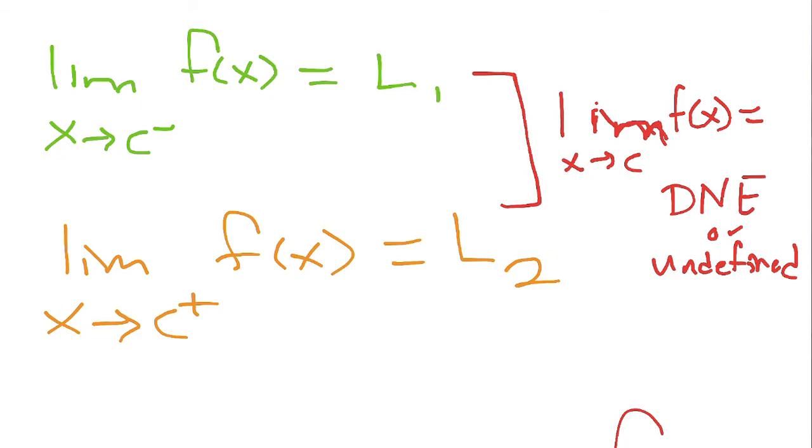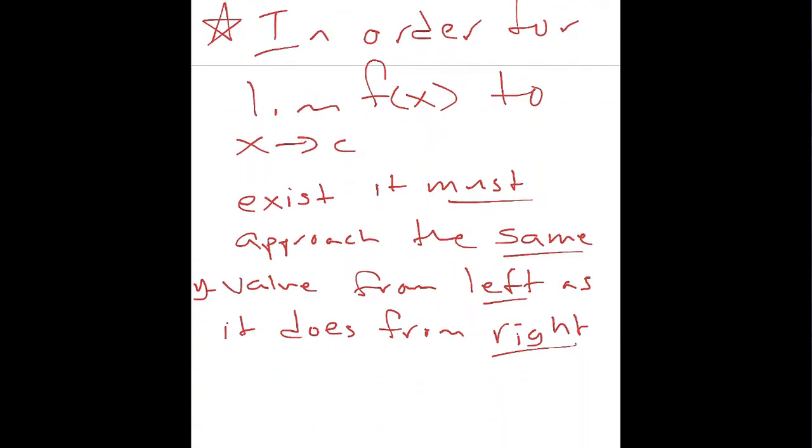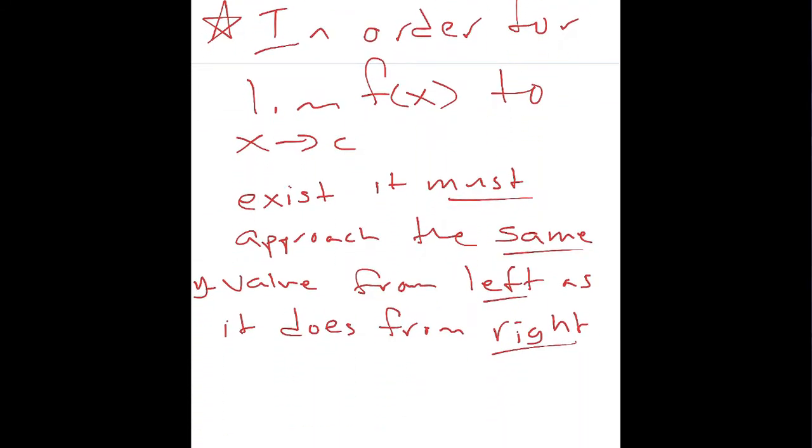It's approaching a different value from the right as it is from the left. In that case, we say the limit is undefined.